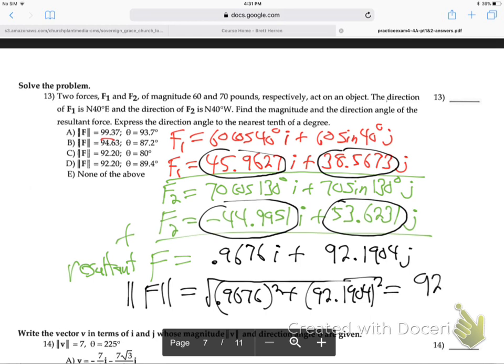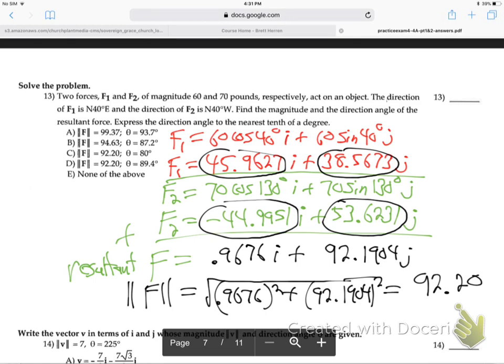I'm getting 92.195, so 92.20. Okay, so we got that for the force.